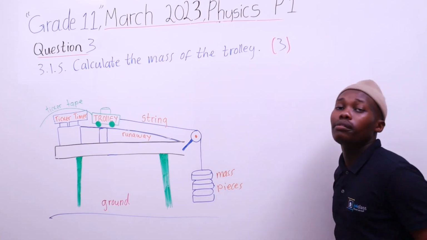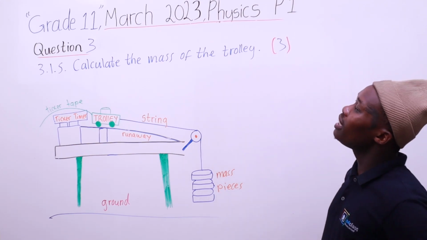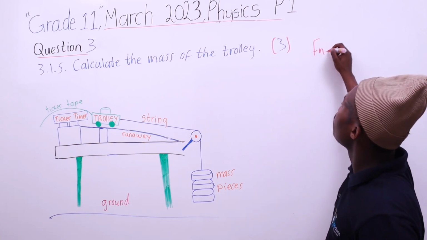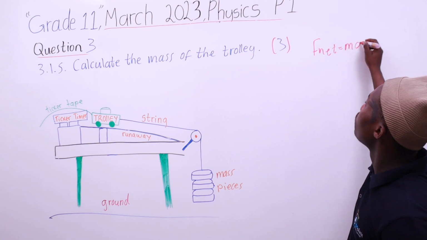Alright, 3.1.5, for 3 marks, calculate the mass of the trolley. So you know that F net is equal to MA.